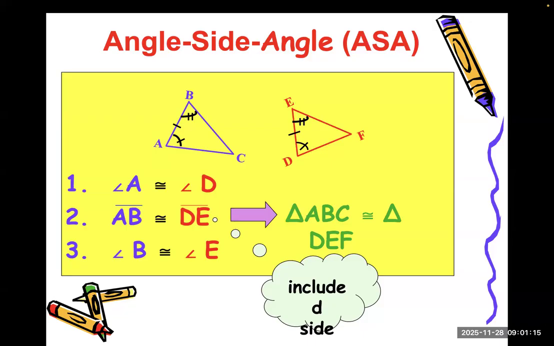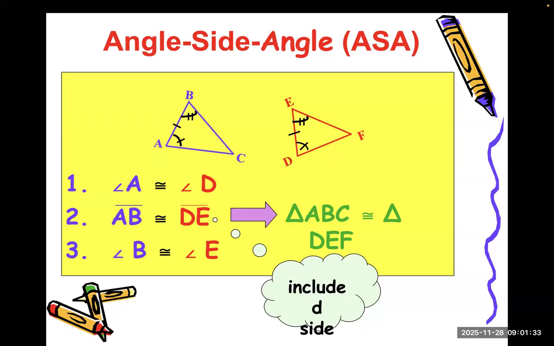But what is of note here is that for it to be ASA, it has to be an included side. Remember, an included angle is when the angle is in between two sides. Same thing here, now the side is in between the two angles.